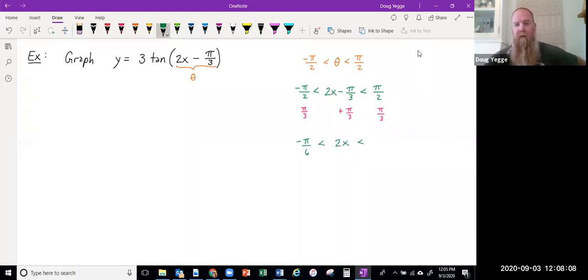And now if I do the same thing here, 3 pi over 6 plus 2 pi over 6 gives me 5 pi over 6. Now these are not my asymptotes yet because I still have to divide by 2. So if I divide each of these by 2, now I get what my new asymptotes are going to be, which are negative pi over 12 and 5 pi over 12.